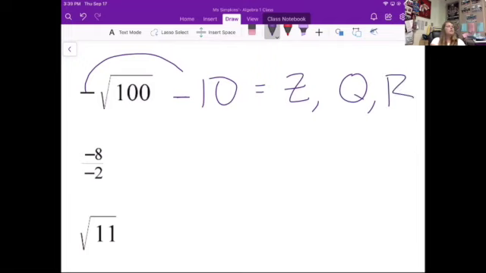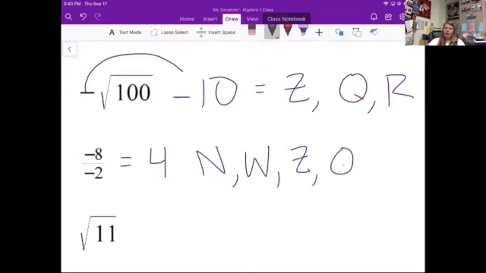So anytime you see something like a division problem, which is what we're going to get to next, or a square root, see if you can simplify it first and then categorize whatever you simplified to. So negative 8 over negative 2, we can simplify that. Negative 8 divided by negative 2 is 4. So 4 would be the number that we are actually categorizing, and it is natural, whole, integer, rational, and real.